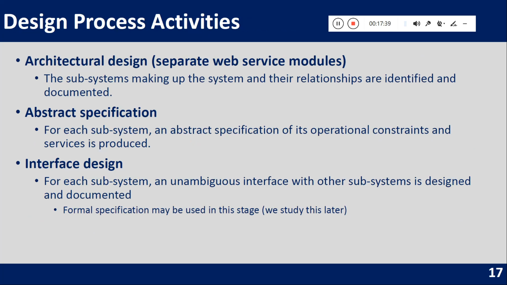This separates the system into subsystems, the modules that make up the system, and the relationships are identified and documented. An abstract specification is produced for each subsystem, covering its operational constraints and the services it provides.